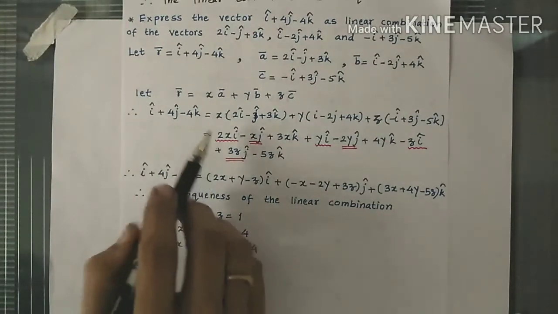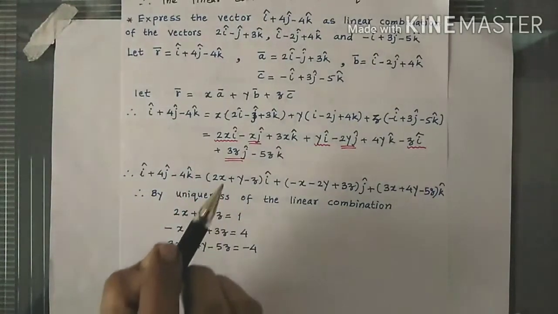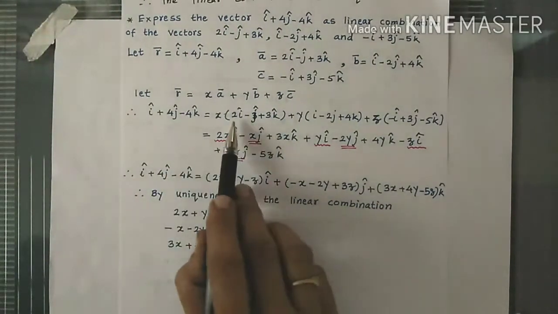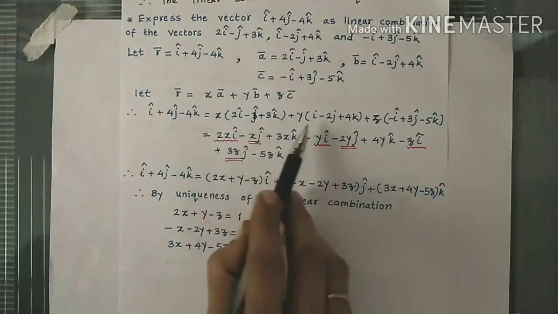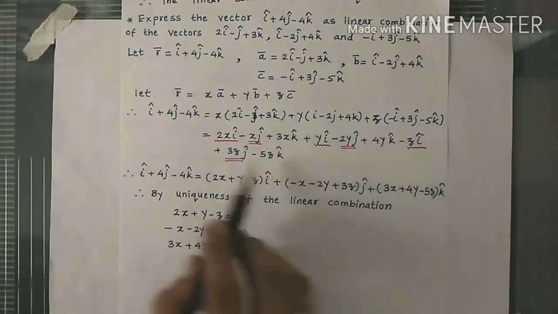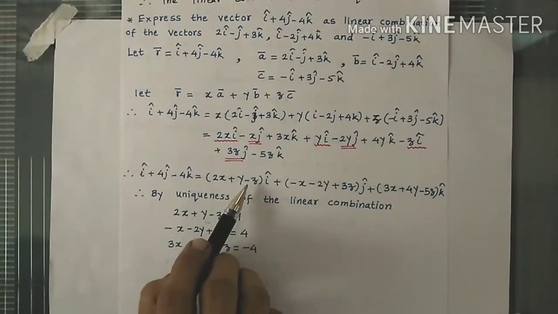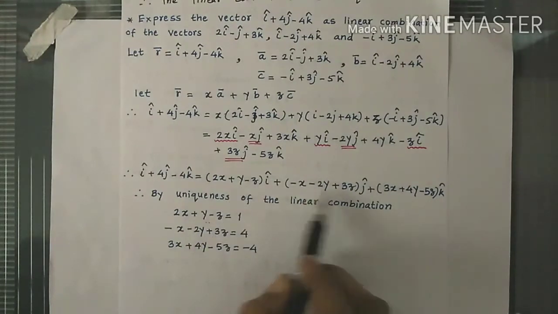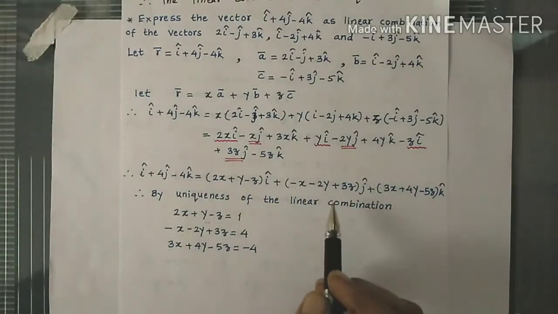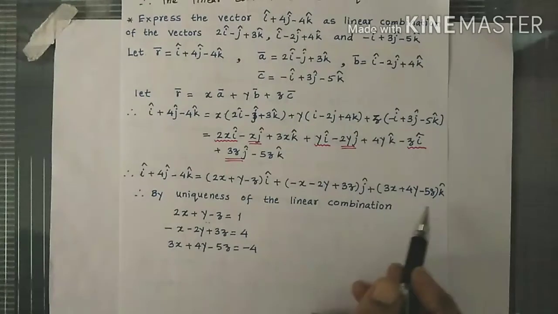So for that I have substituted r bar, a bar, b bar and c bar here. Substituting that and multiplying the first bracket by x, second bracket by y and third bracket by z respectively, and taking i together from the terms containing i, j common from the terms containing j and k common from the remaining terms, we have this equality.